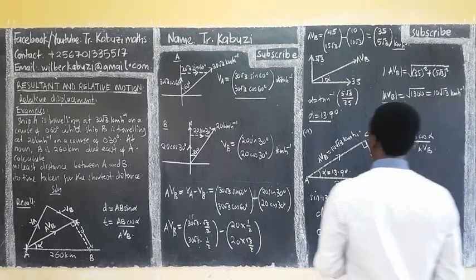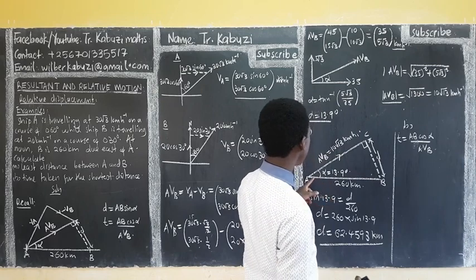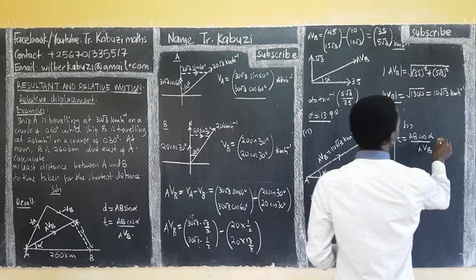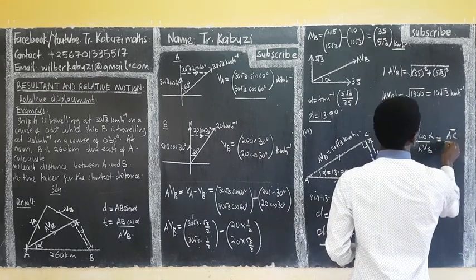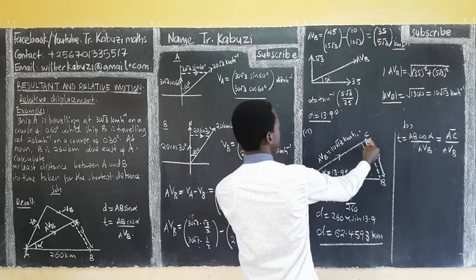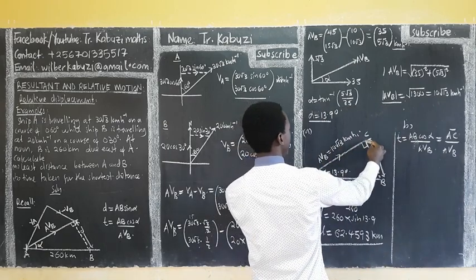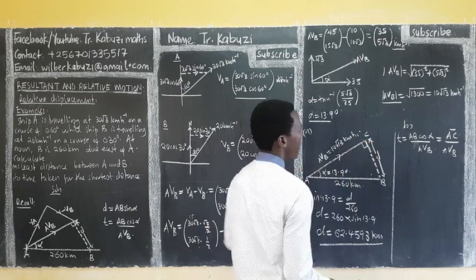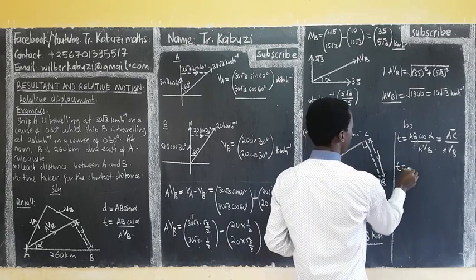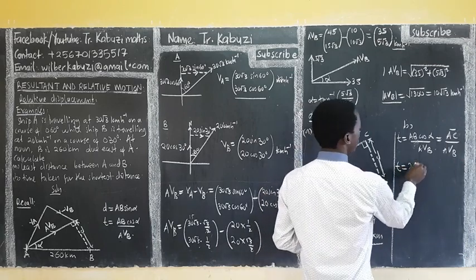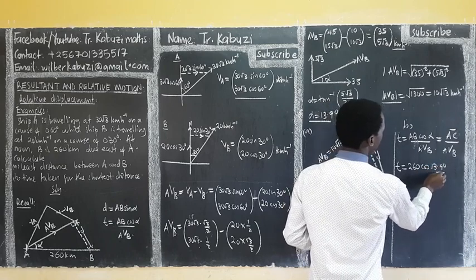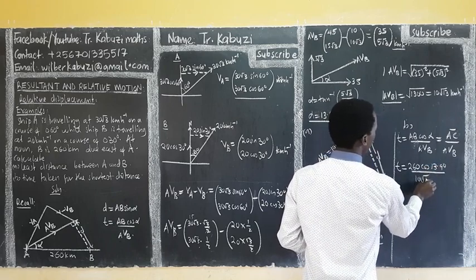The time it requires to reach this distance is AC over the relative speed. So mine is going to be my AB, which is 260, then cos of 13.9 degrees, over 10 root 13.